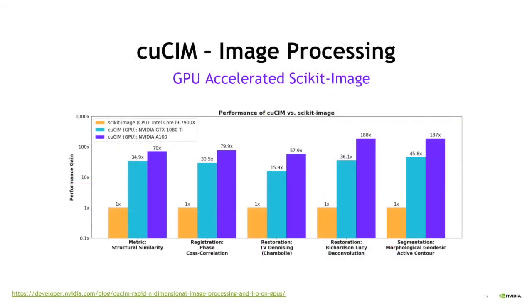And here's cuCIM that I mentioned earlier, our latest RAPIDS library for GPU-accelerated n-dimensional image processing and image I/O. In this case, the API is similar to scikit-image and has mostly been implemented using CuPy, which is a GPU-accelerated implementation of NumPy, and it also includes some SciPy functionalities like FFTs and SciPy ndimage.